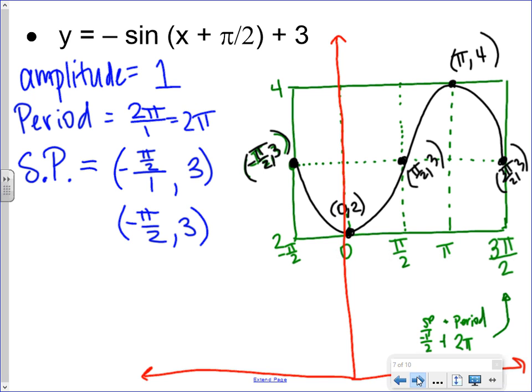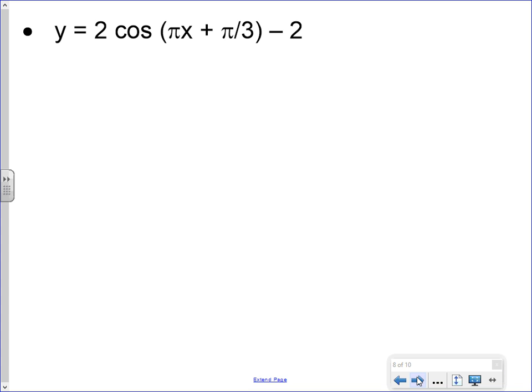Okay. What I'm going to have you do is I would like you to write this down and then as a pod work together on identifying the amplitude, period, and starting point.